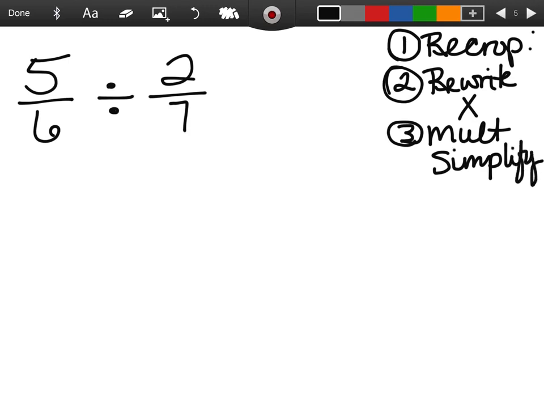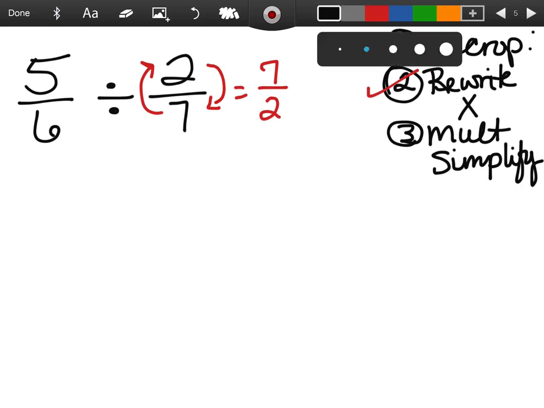Okay, multiply, simplify. So the first thing I'm going to start with is my reciprocal. Well, I know my reciprocal, my numbers literally flip places. Okay, so 2 over 7 turns into 7 over 2. I am now going to rewrite using a multiplication instead of division.